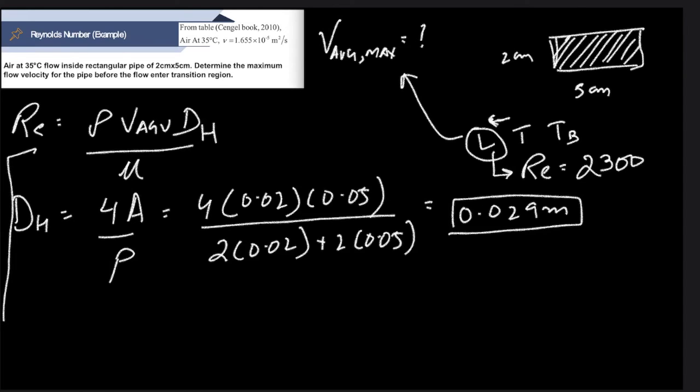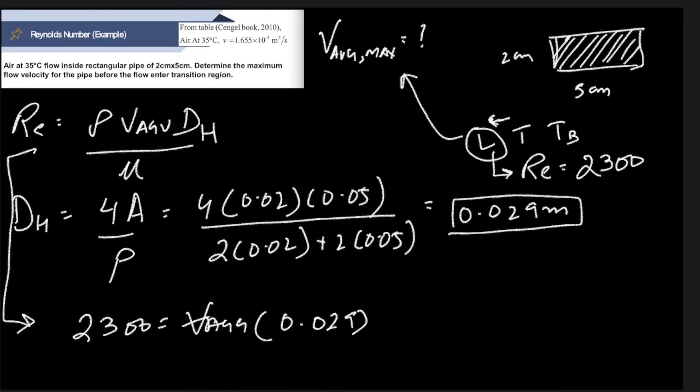So let's put this hydraulic diameter in our Reynolds number equation. Reynolds number should be 2300 for the maximum value of laminar, so 2300 is equal to V average multiplied by the hydraulic diameter 0.029, divided by the kinematic viscosity. For air the kinematic viscosity is 1.655 into 10 to the minus 5.